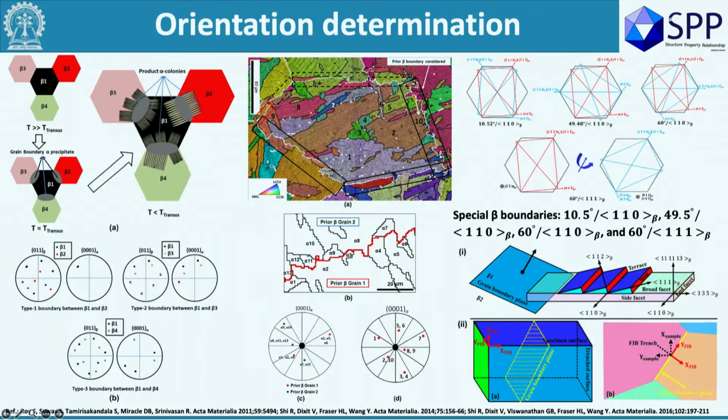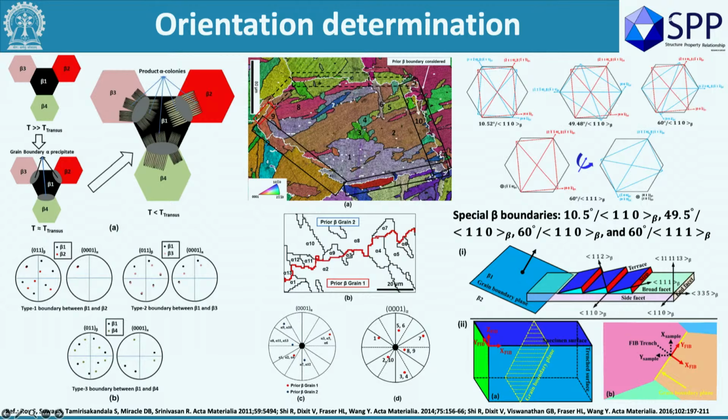And that leads to many different situations: how they will form, how many variants will form, and so on. That's what it schematically shows, and all those things are true. You can imagine different situations. When the two beta grains are very close in orientation, then a certain number and certain orientation of grain boundary alpha will form, usually a very small number of variants.